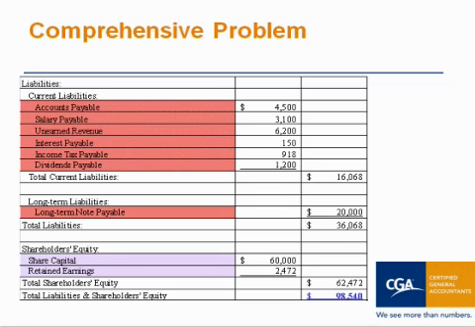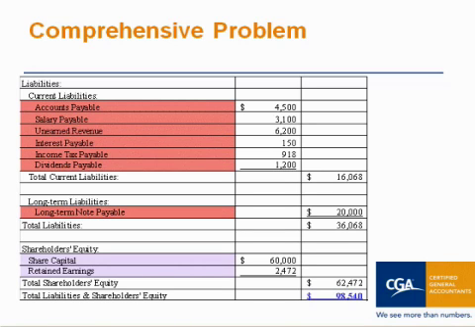$16,068. We only have one long-term liability, and that's the $20,000, 3-year note payable. So summing up our current liabilities and our long-term liabilities, we have total liabilities of $36,068. Final section of our balance sheet is the shareholders' equity, the owners' equity.